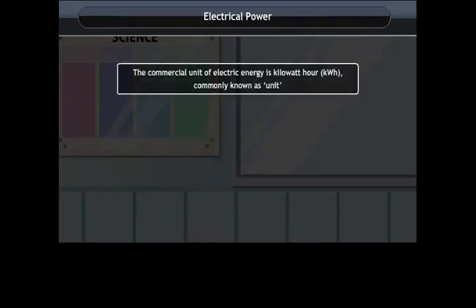The commercial unit of electric energy is kilowatt hour or kWh, commonly known as unit. 1 kilowatt hour = 1000 watt × 3600 seconds = 3.6 × 10^6 watt seconds = 3.6 × 10^6 joule.